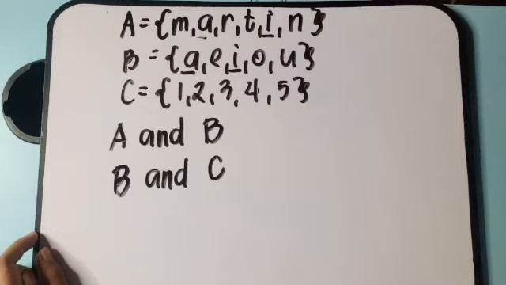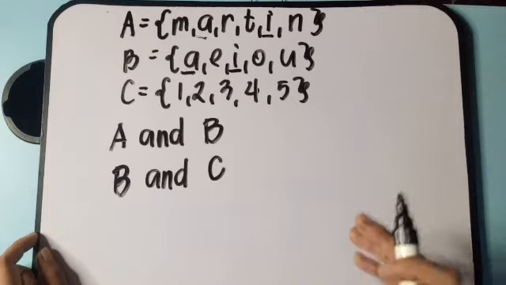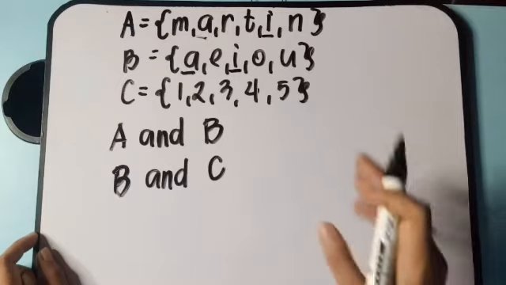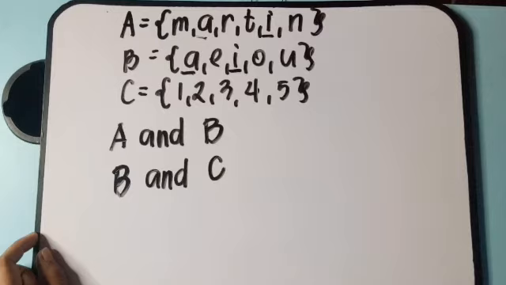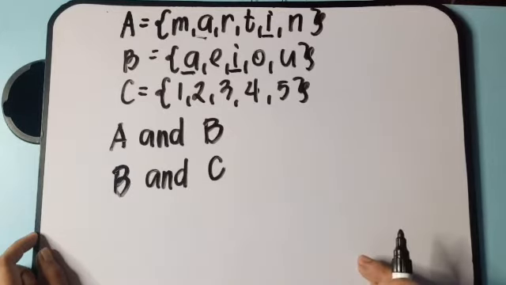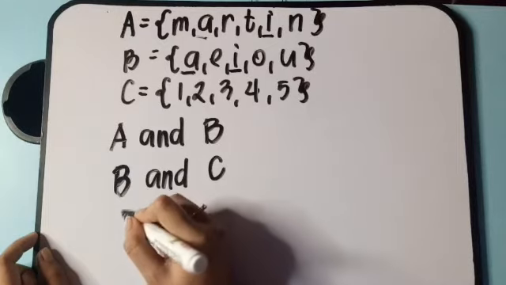And from the definition of the disjoint set, two sets are disjoint if and only if they have no common elements. Walang pagkakaparehas. Therefore, B and C are disjoint kasi kung mapapansin nyo, walang pagkakaparehas yung elements ni B at C. Therefore, B and C are disjoint set. How about A and C?